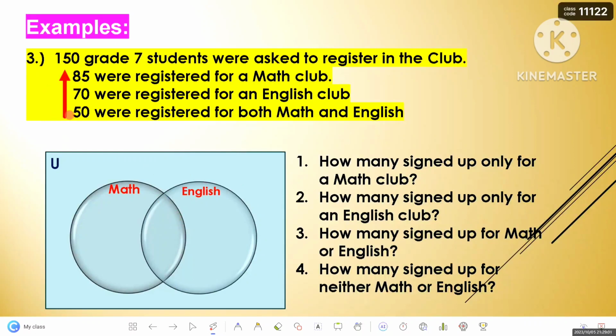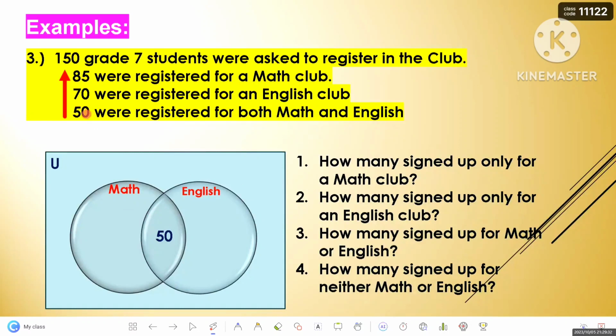We start at the bottom. Yan. So 50 muna tayo. 50, then 70, then 85. So sabi dito, 50 were registered for both math and English. So start tayo dito, di ba? Saan natin ilalagay yan? Since both math and English, ilalagay natin sa gitna, sa intersection nila.